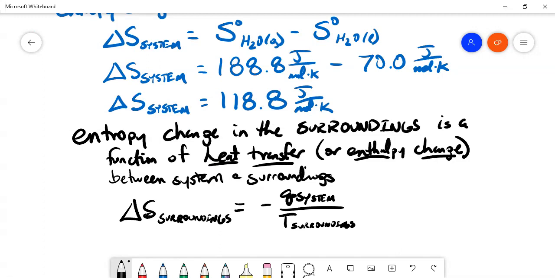Now, where do you think the negative sign comes from? I could have been really, really boring and just written this as delta S of the surroundings is equal to Q of the surroundings over T of the surroundings. But I wrote it as negative Q of the system instead. Because ultimately, in order to cool us off, this evaporation of water is going to be taking energy up.